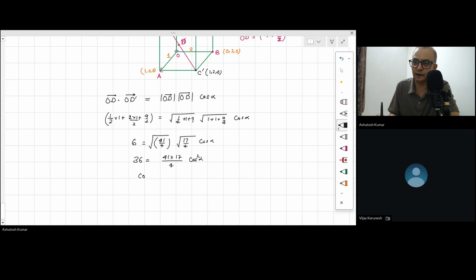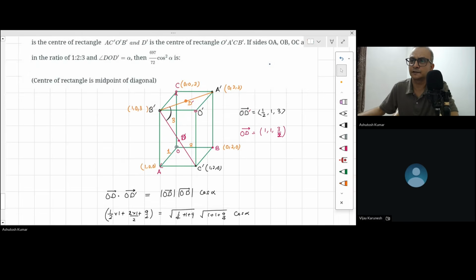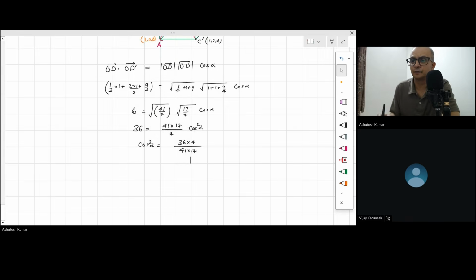So cosine square alpha I'm getting is 36 into 4 by 41 into 17. But I'm not multiplying because I have these values given. They're asking 697 by 72 times cosine square alpha, which is 697 by 72 into 36 into 4 by 41 into 17.